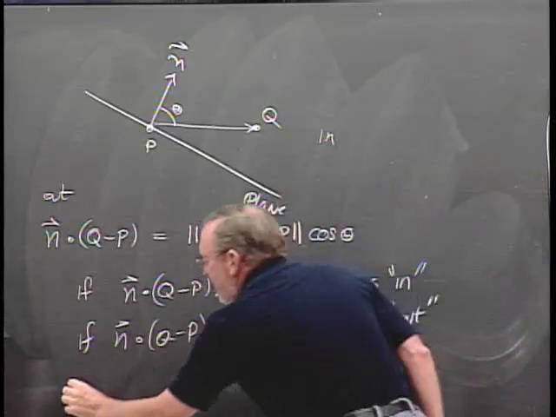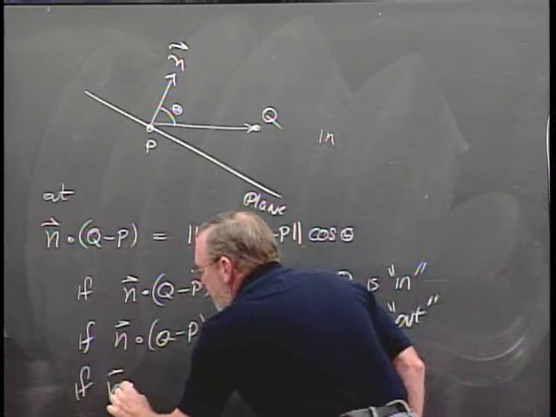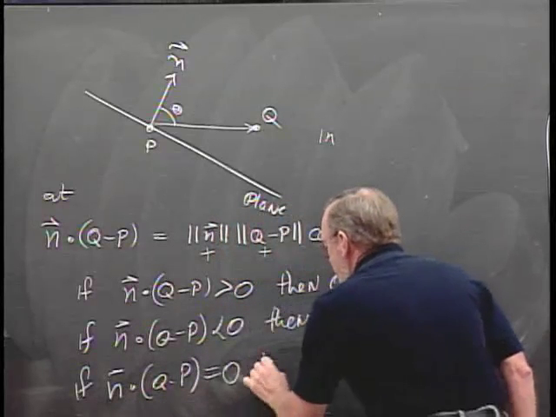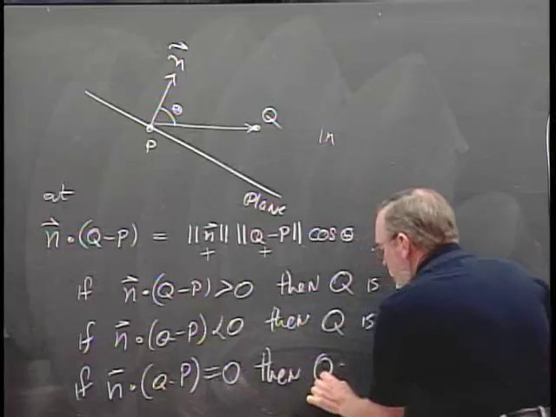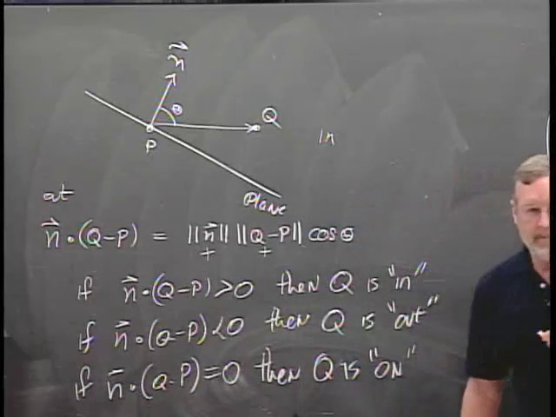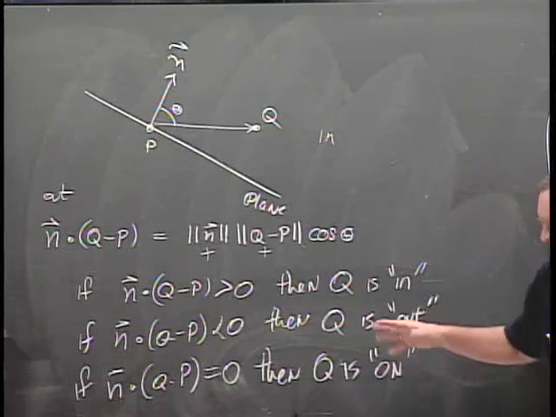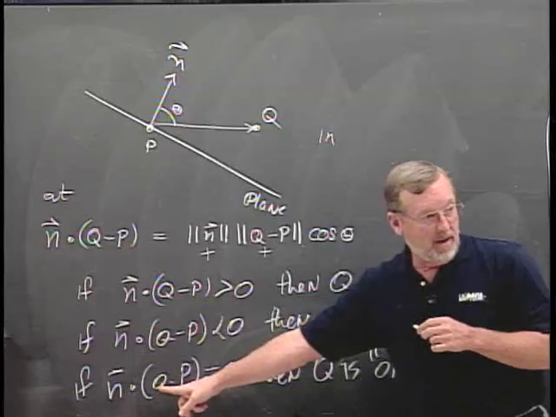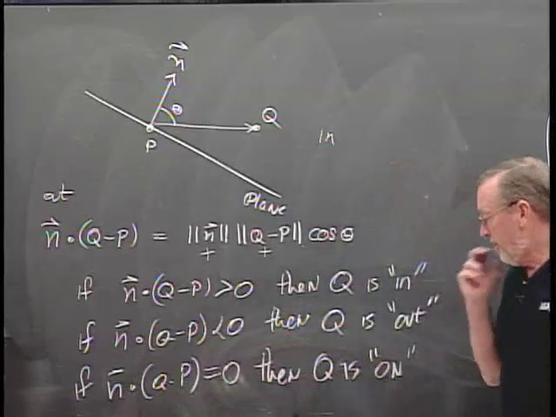And of course, if n dotted with Q minus P is equal to 0, then Q is on the plane. So the test is actually pretty easy. All I have to do is take a dot product.